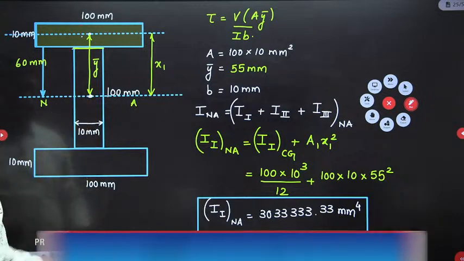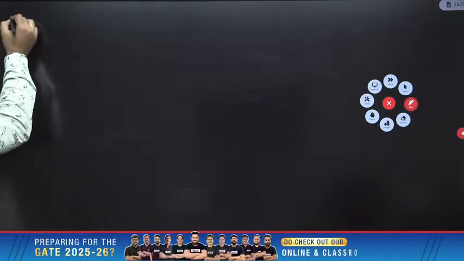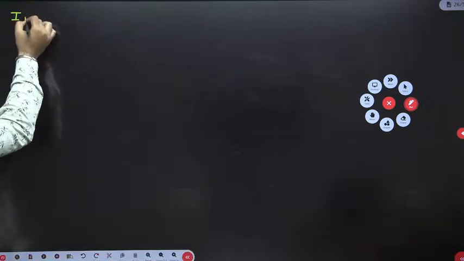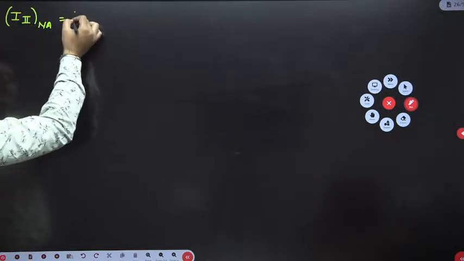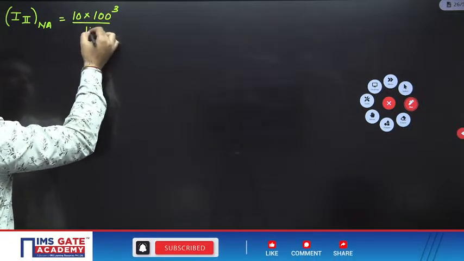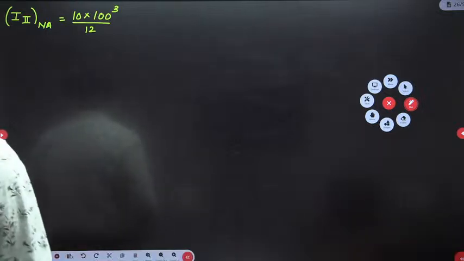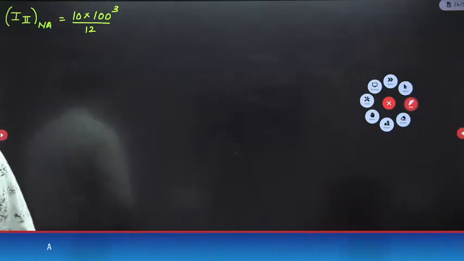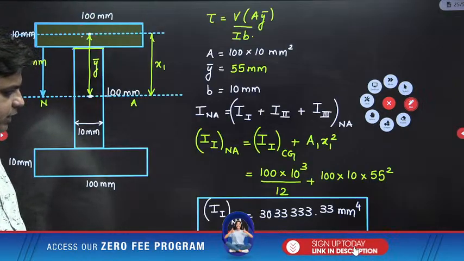So the moment of inertia of the second rectangle about neutral axis will be equal to 10 into 100 cube by 12. So this is 303.33 into 10 raised to power 4. Yeah, correct.